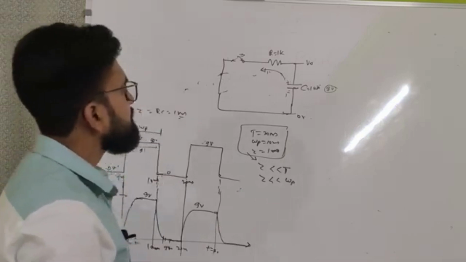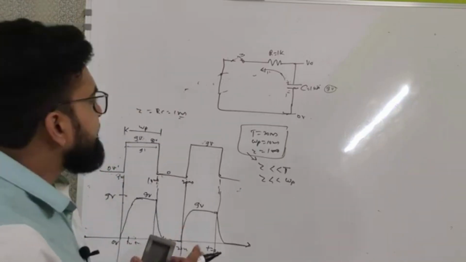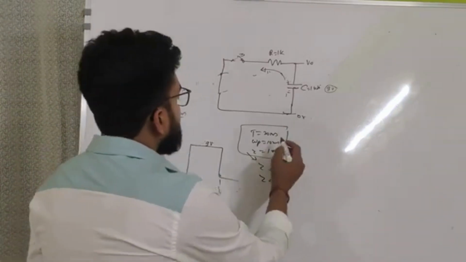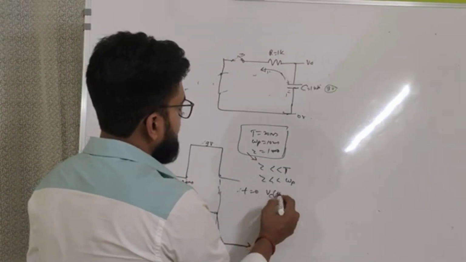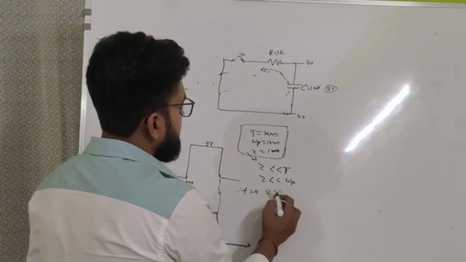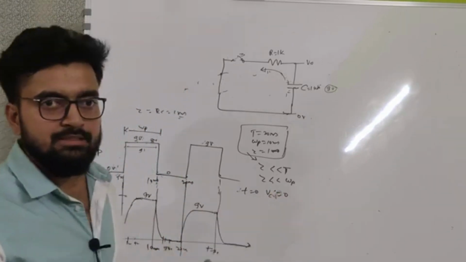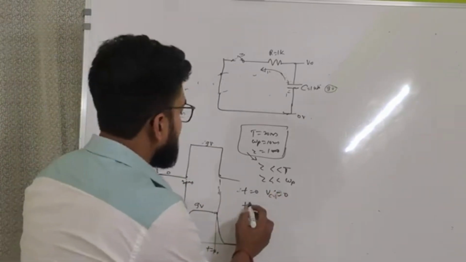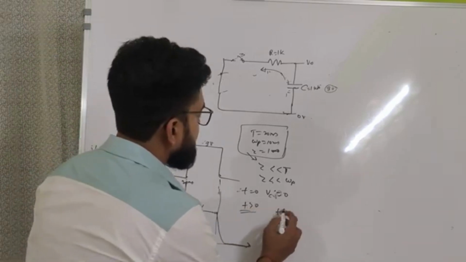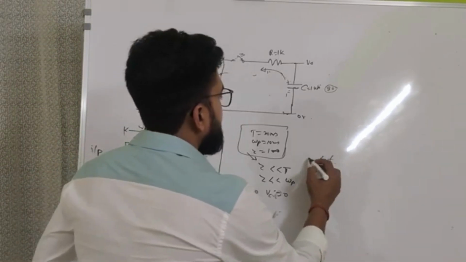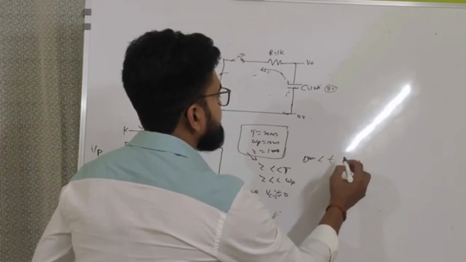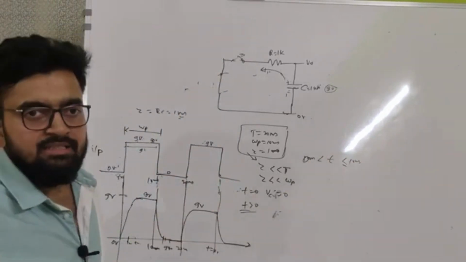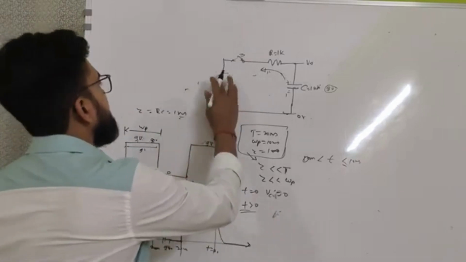Now to understand this mathematically, what we can do is at t equals 0, VC is 0, right? Voltage across the capacitor is 0 because it will behave as a short circuit. When t is greater than 0, it means when t is from 0 milliseconds till 10 milliseconds, okay? The capacitor will be charging, right?